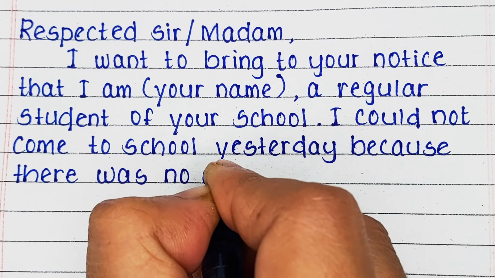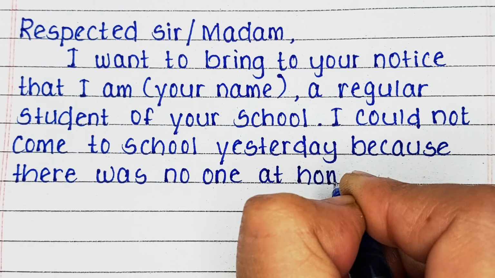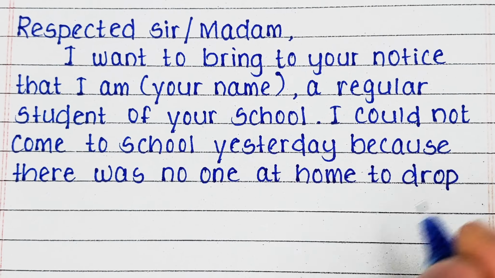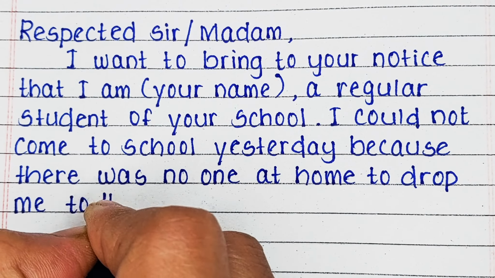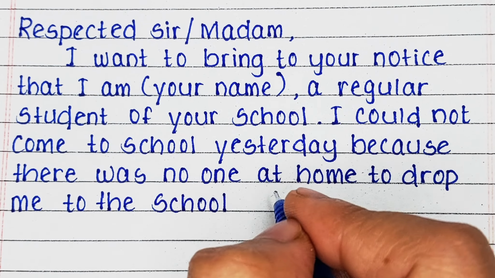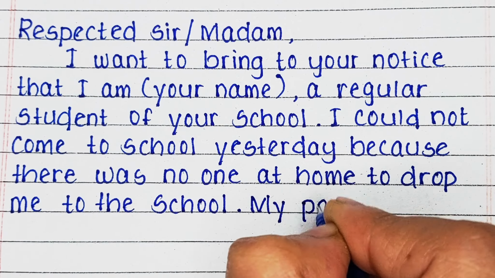Then you have to start with the reason for which you were absent in the school. Here, for example, I am writing I could not come to school yesterday because there was no one at home to drop me to the school.